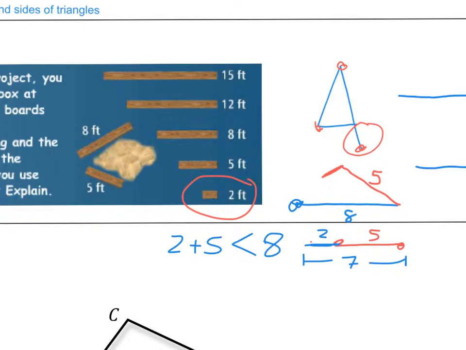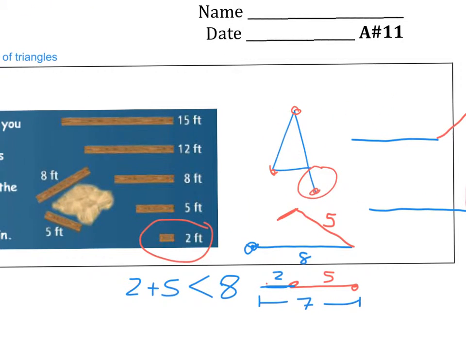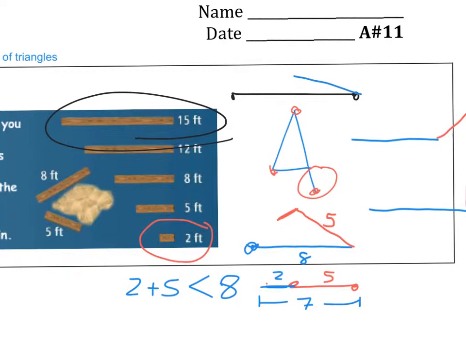Now, but let's see over here. Which one else doesn't work? Look, 15 doesn't work. Why not? Because if I lay the 15 down, and then I try to put the 8 and 5, here's the 8, and then I put the 5, what happens? They won't ever touch.